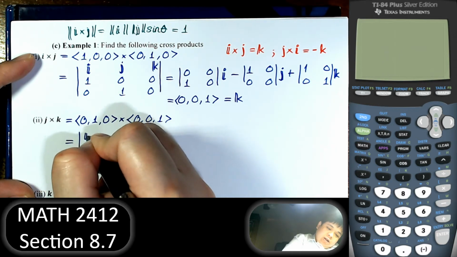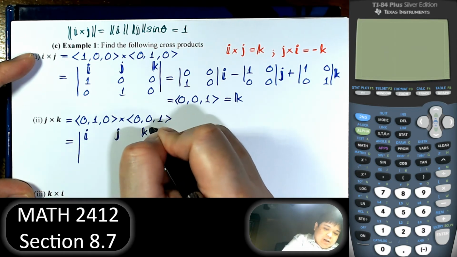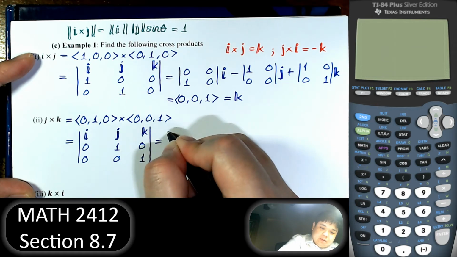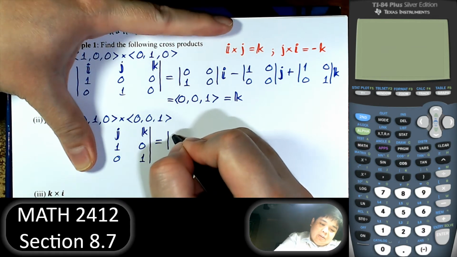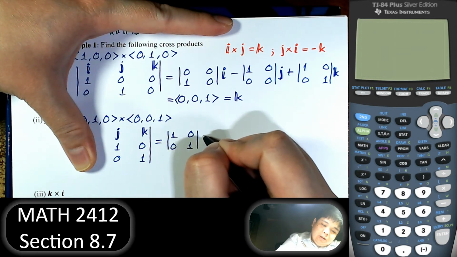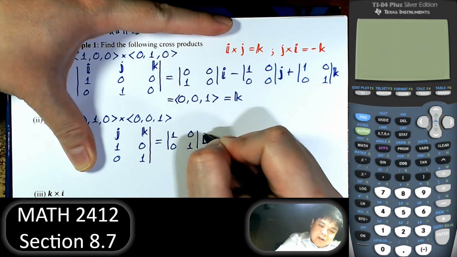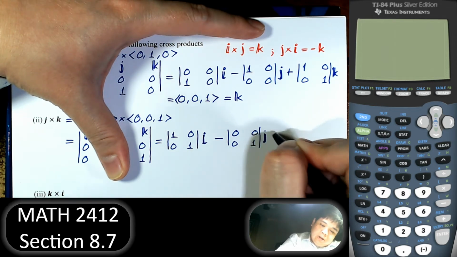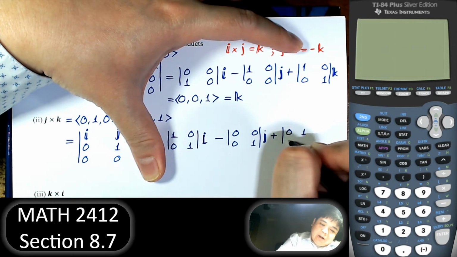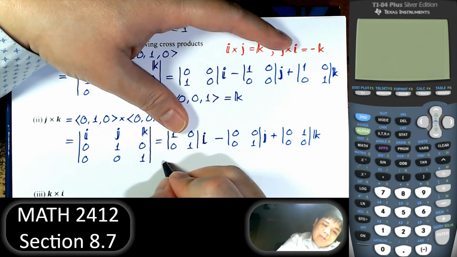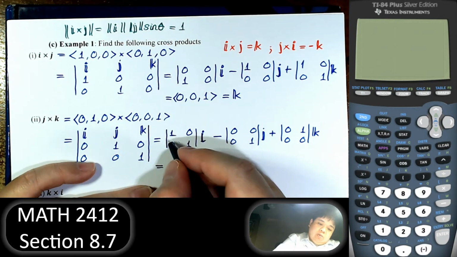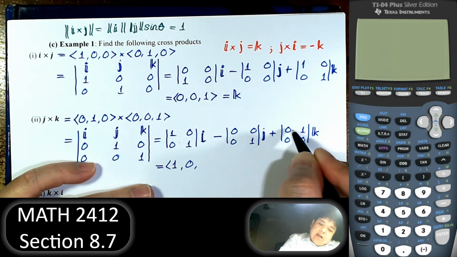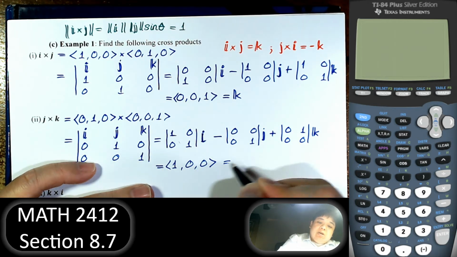So cross product i j k, 0 1 0, 0 0 1. So in the i component, for j 0 0 0 1, and for k 0 1 0 0, and this is the first one's 1 minus 0, so 1, 0 minus 0, and 0 minus 0, and this of course is the vector i.